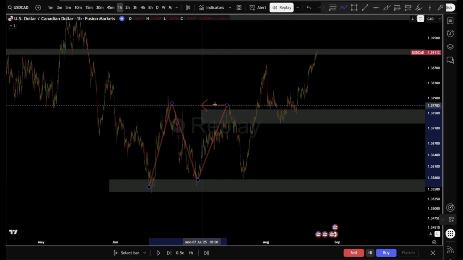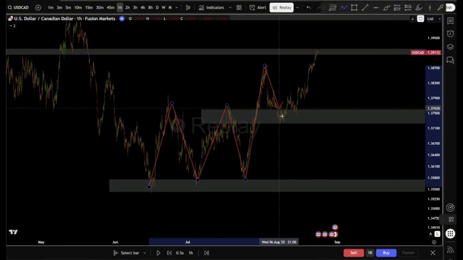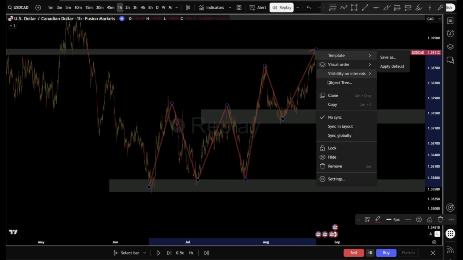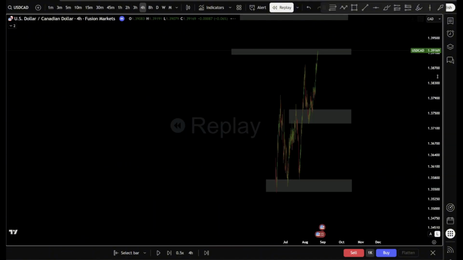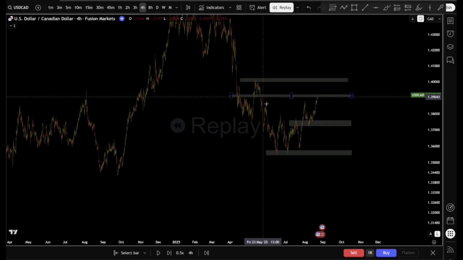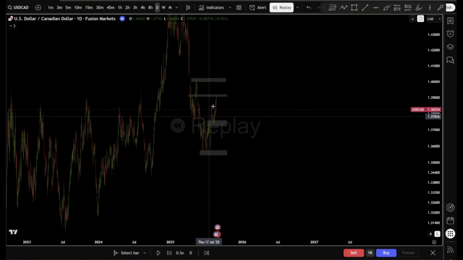This is not a higher high, this is a higher low. Now it is a higher high, higher low, higher high right here. But in the higher time frame, it is still going in a range, as you see in the 4-hour, between these right here, or in the daily. If you look at it, it looks like it's just bouncing between the resistance and supports.